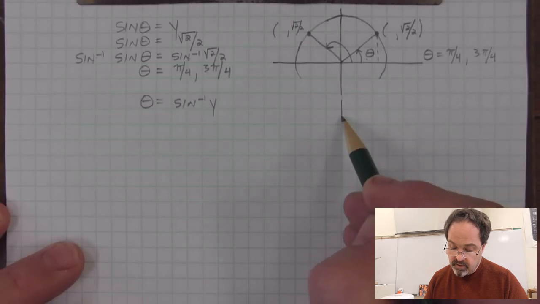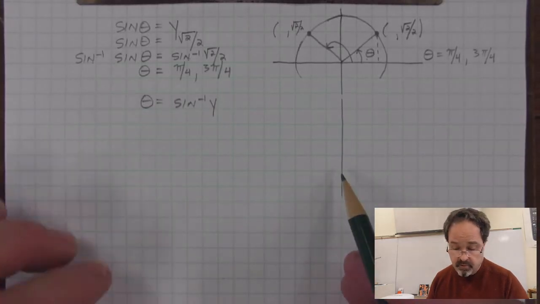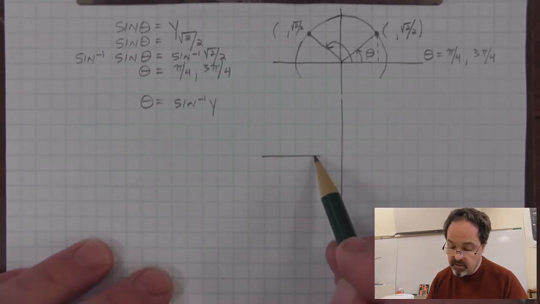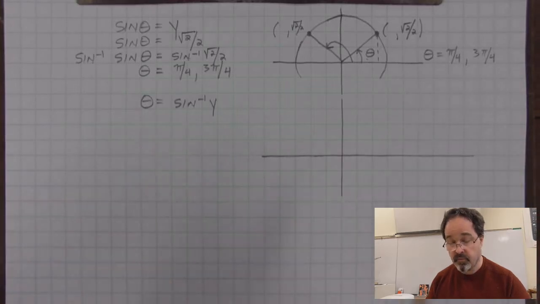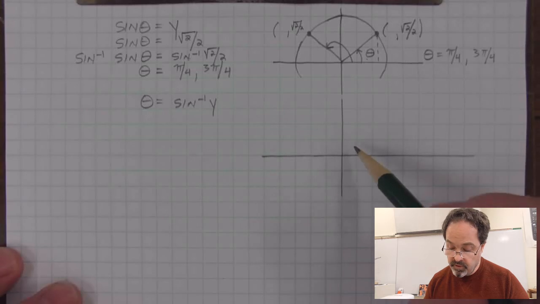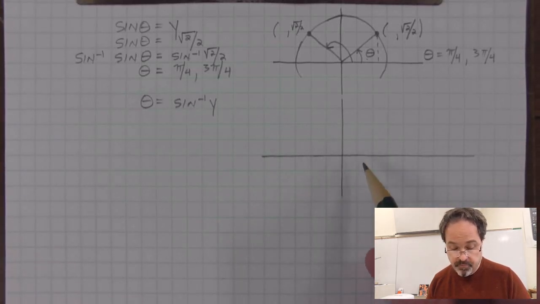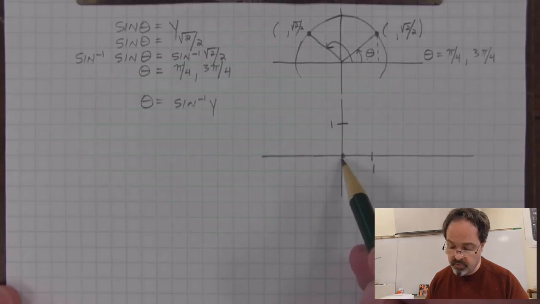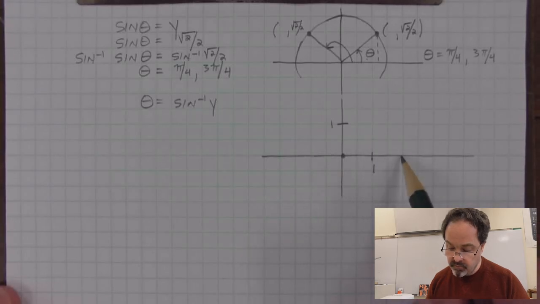To understand that, let's consider graphing inverse sine. We're going to find the graph of inverse sine as a reflection over the line y equals x, starting with the sine function. I'm going to choose my intervals and label this 1. So when I graph sine, which starts at the origin, sine is going to reach a maximum at pi over 2, which is approximately here.